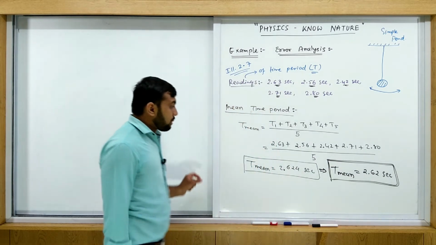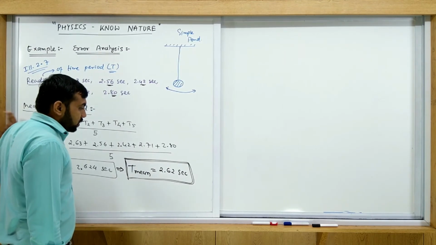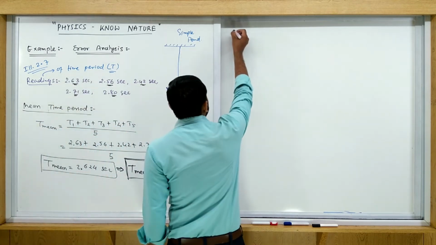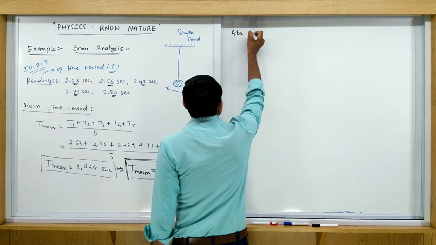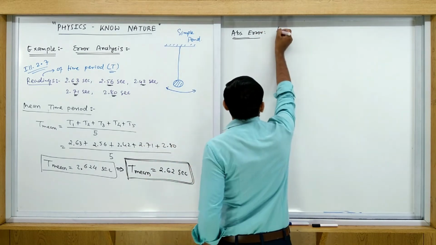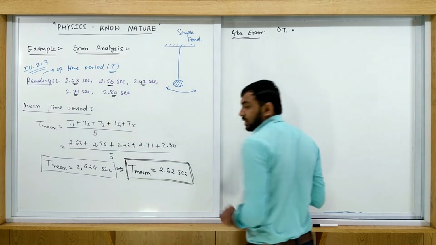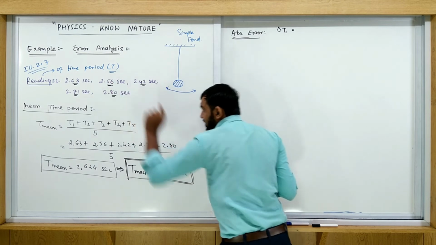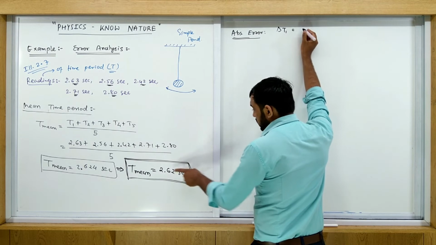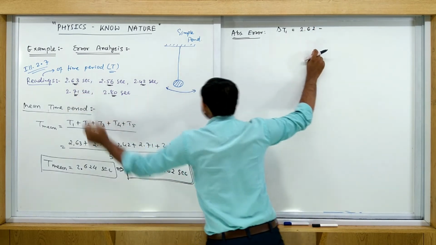So let's find the absolute error in each reading. The mean is considered a true value. So delta T1 is equal to T mean minus first reading, delta T2 is T mean minus second reading, delta T3 is T mean minus third reading. Delta T1 is 2.62 minus first reading 2.63.